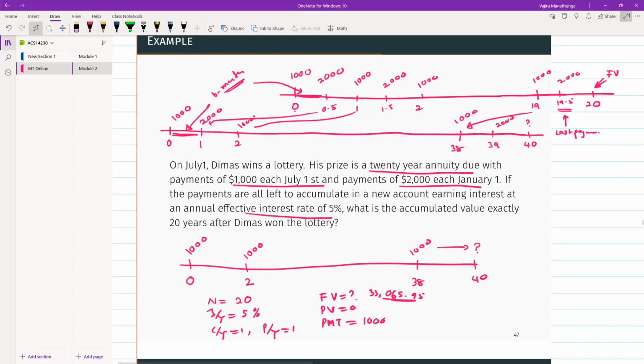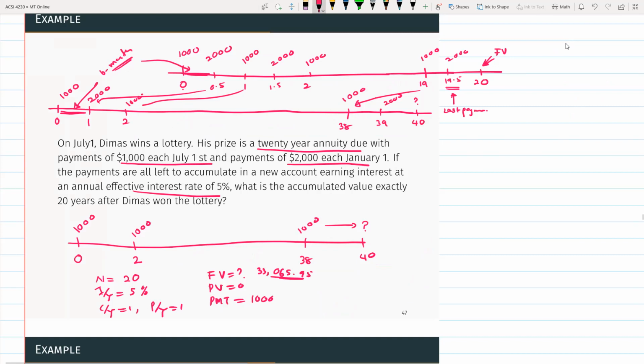Next, we need to calculate the future value of the 2,000 payments. If you draw the timeline, it looks like 0, 1 here, then 3 here, then 39 here, and then here 40.